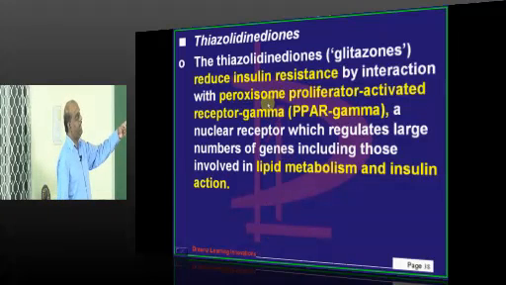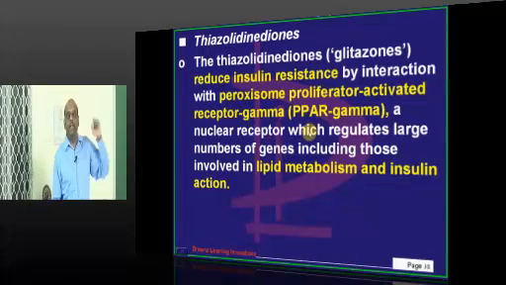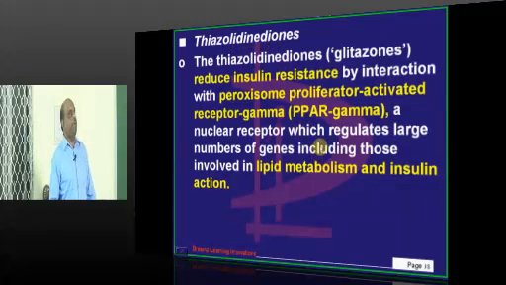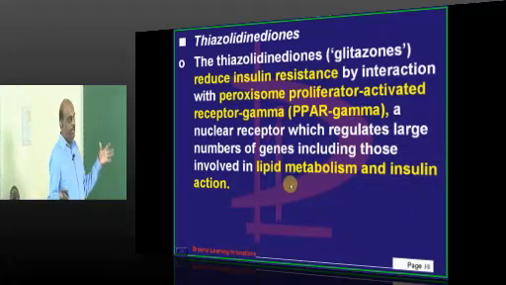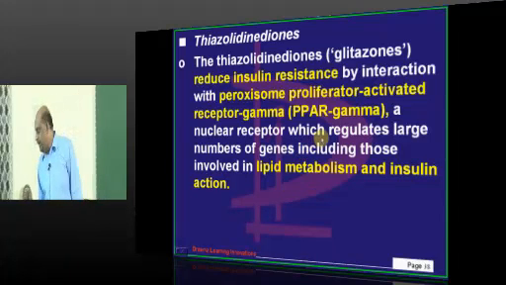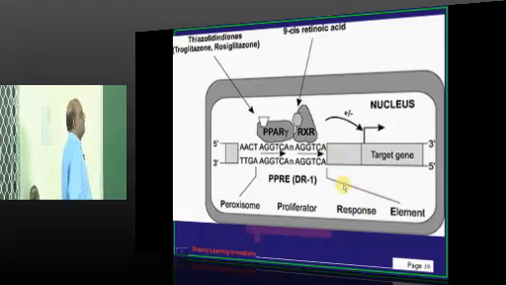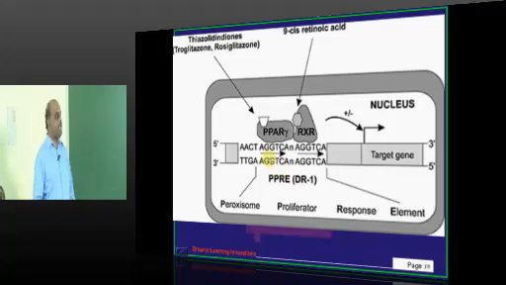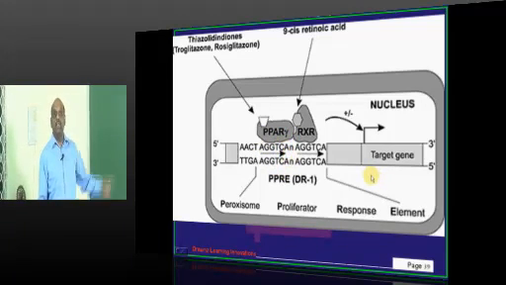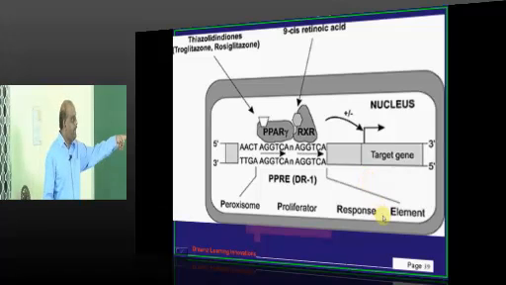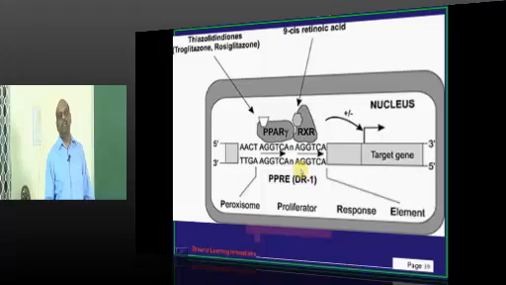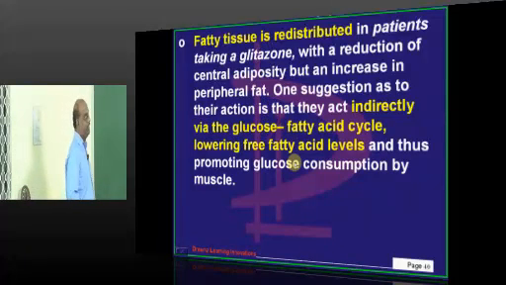By interacting with it, thiazolidinediones decrease insulin resistance in the periphery, which is what needs to be remembered. So these are the thiazolidinediones acting on PPAR gamma, which is a nuclear receptor, and that in turn will affect the various genes associated with lipid metabolism.